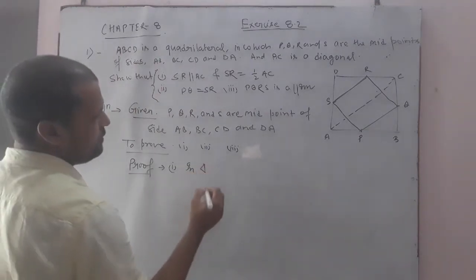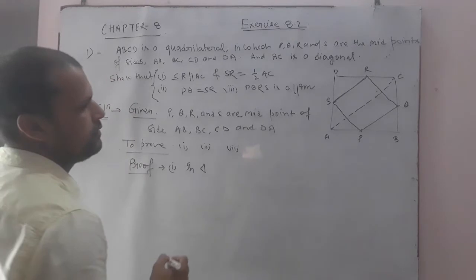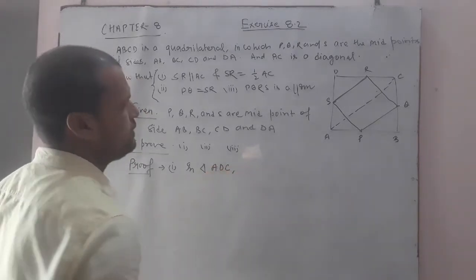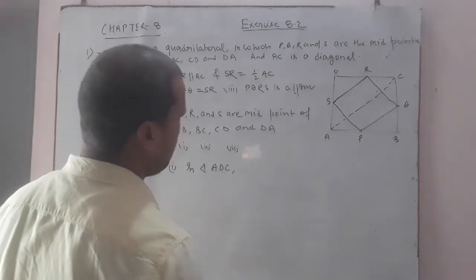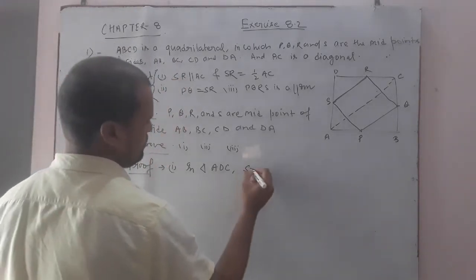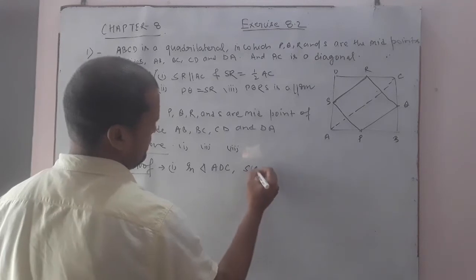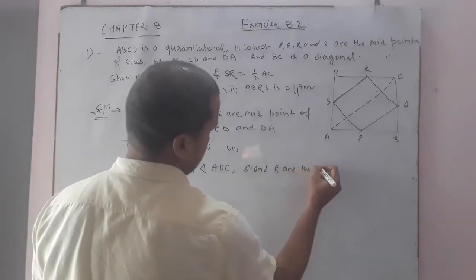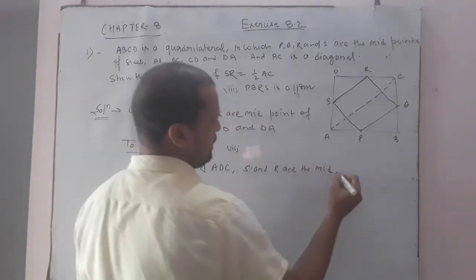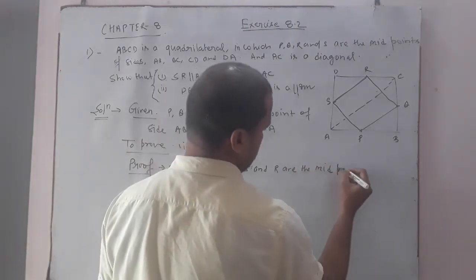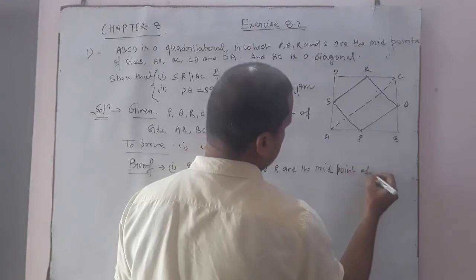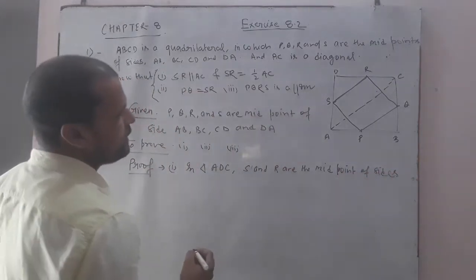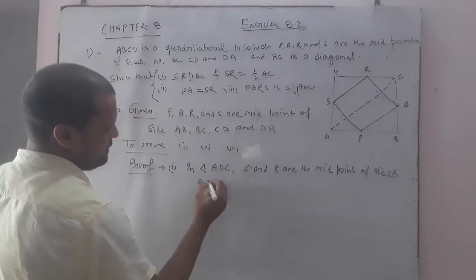In triangle ADC, S and R are the midpoints of the sides AD and CD.